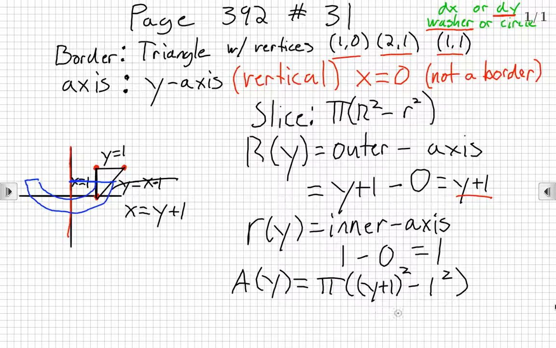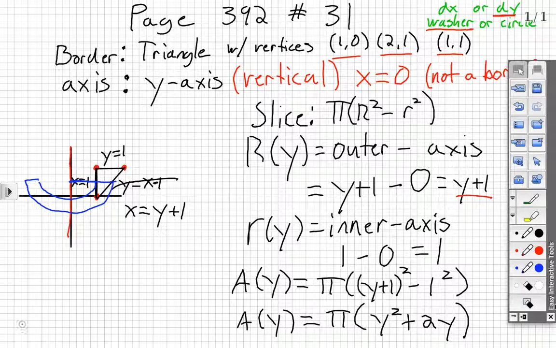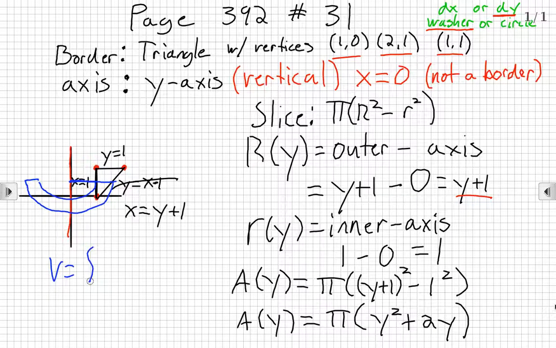This actually simplifies well, because the quadratic is easy to expand: y squared plus 2y, and then we'll have a plus 1 and a minus 1. So let's represent that as the most simple version of A of y. The volume is the integral of A of y dy.